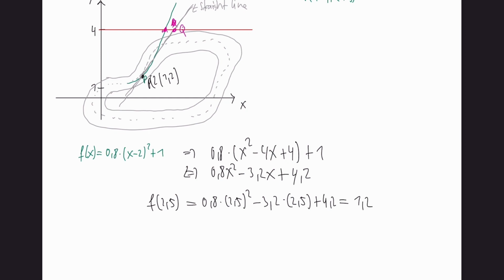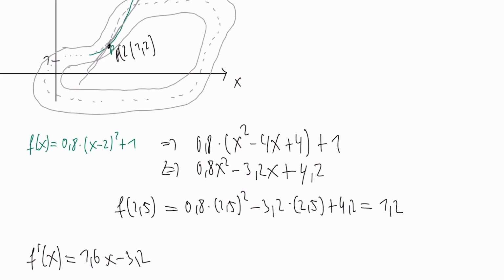So next, I think I take the first derivative, which gives us 1.6x minus 3.2. And now we plug in the point.